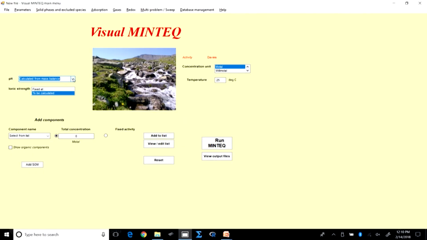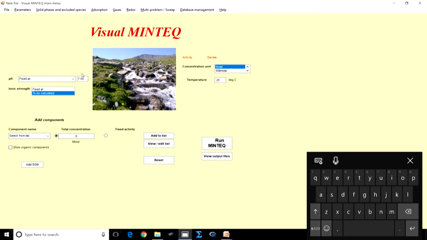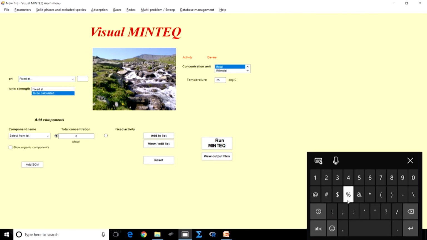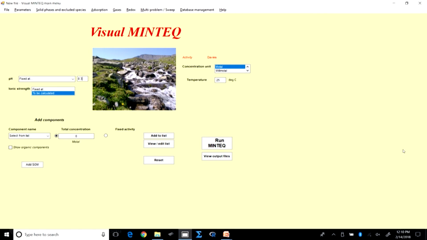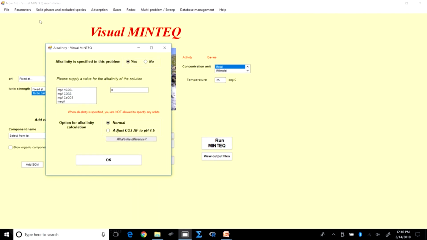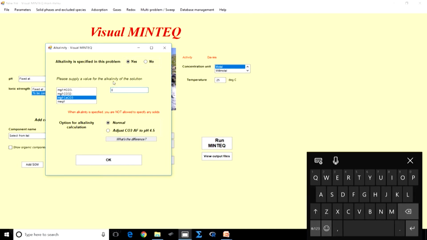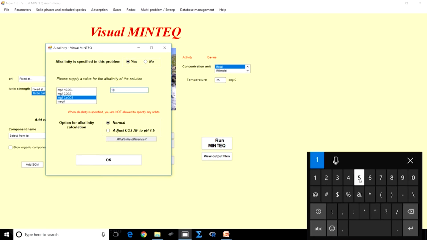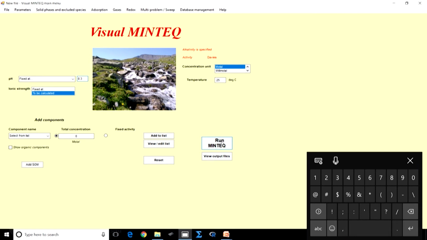First I need to plug in the pH, which was 8.3, and then specify the alkalinity parameters. It was milligram per liter as CaCO3, and it was 150, if I am not wrong. I am going to say OK and just run MINTEQ.